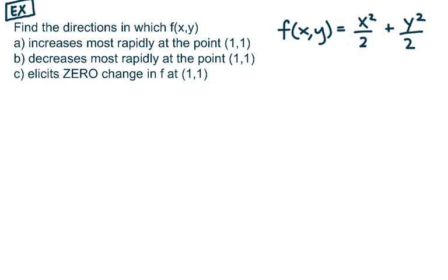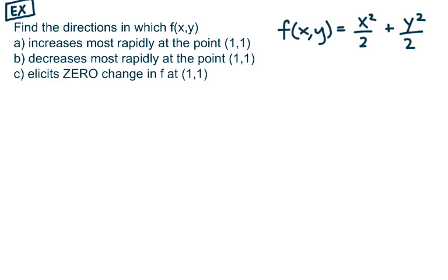And hopefully you are all recognizing that it's a paraboloid, and because these are the same, we know it's a circular paraboloid. So for this example, we're going to find the directions in which the function increases most rapidly, decreases most rapidly, and then also has no change, all at this point (1, 1).